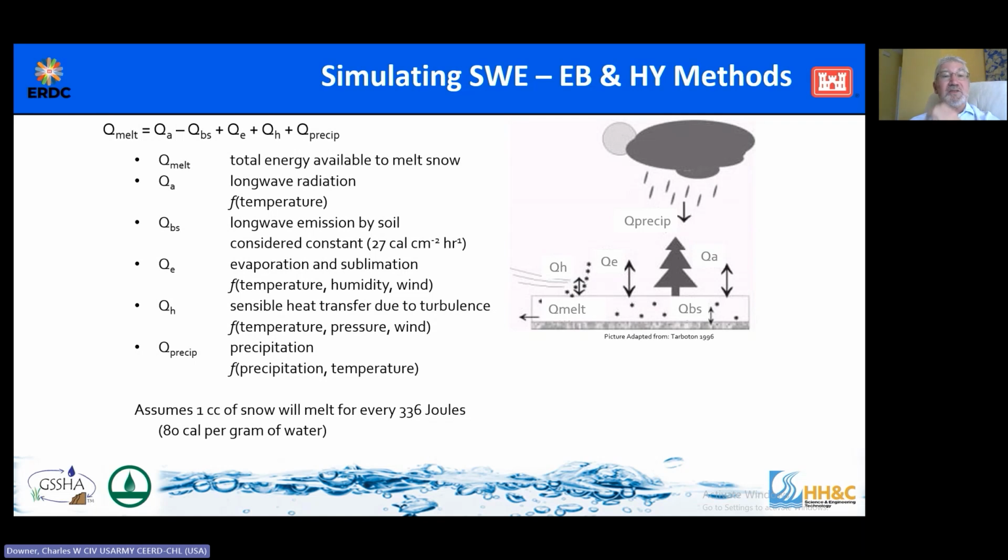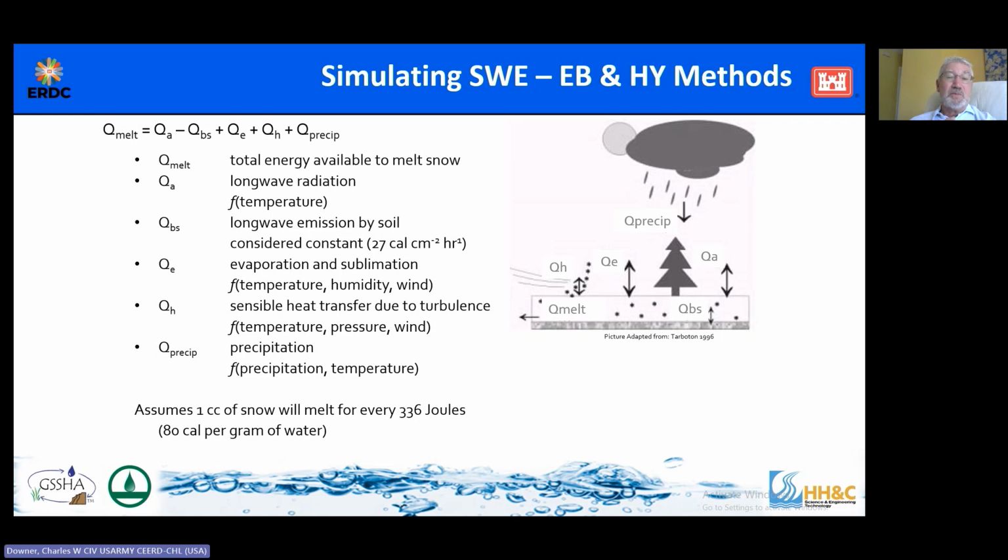Basically, you're looking at how much energy you have to melt snow, and you account for all the different sources of energy, be they in or out of the snowpack. That's longwave radiation, longwave emission by the soil, evaporation and sublimation, sensible heat transfer due to turbulence from the wind, and then precipitation.